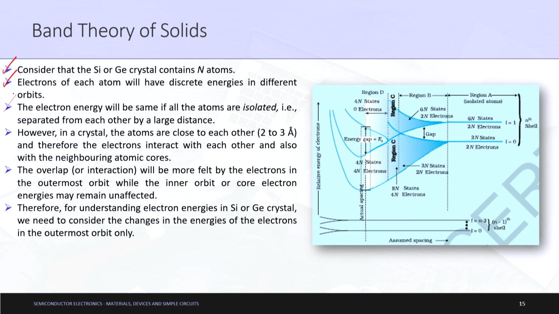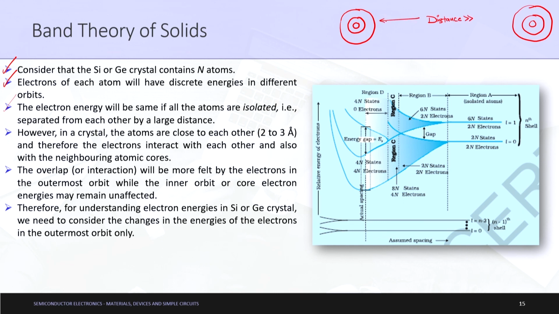So, let us say there is one atom here and one atom here. Let me draw it carefully. Let us say this is one atom, and this is another atom.